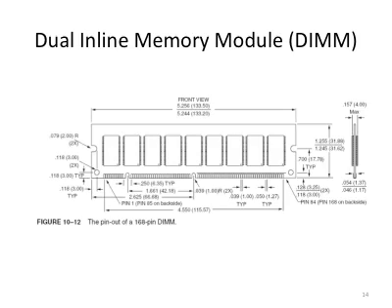Now, after the single inline memory module, people have been using the dual inline memory module, which has higher density. This is especially for modern computing systems where a 64-bit data bus is required. So it has two sides.